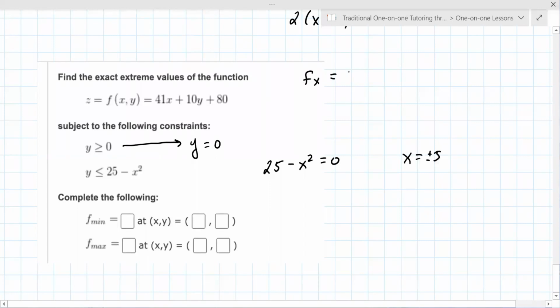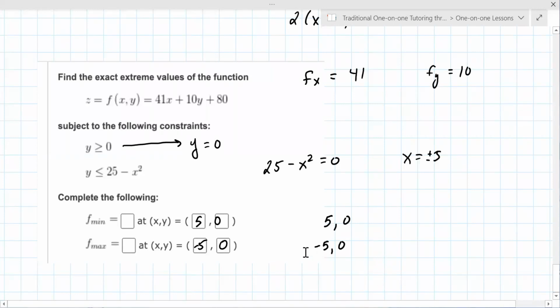So fx is 41, fy is 10. That doesn't help, so there's nothing there that I can see. Without doing any more work here, I would be tempted to try 5, 0 and then minus 5, 0 in these positions and see if anything comes out from that.